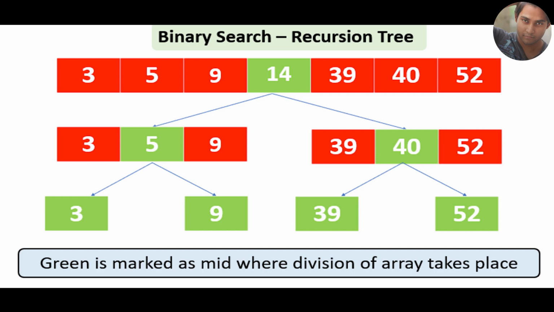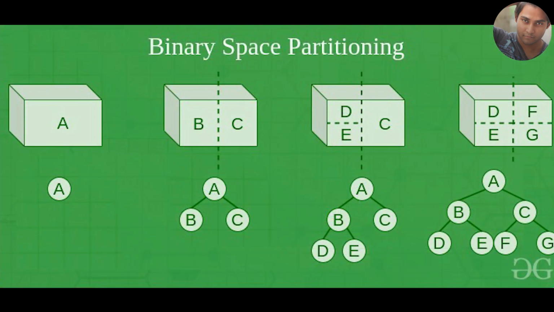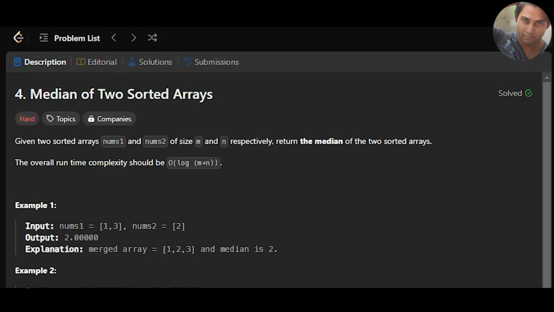We will explore the binary search approach, a powerful technique for efficiently finding the median. The role of partitioning comes into play here, ensuring that elements on one side are smaller and on the other side are larger. With the possibility of input arrays having different lengths, we will discuss how to handle this scenario.